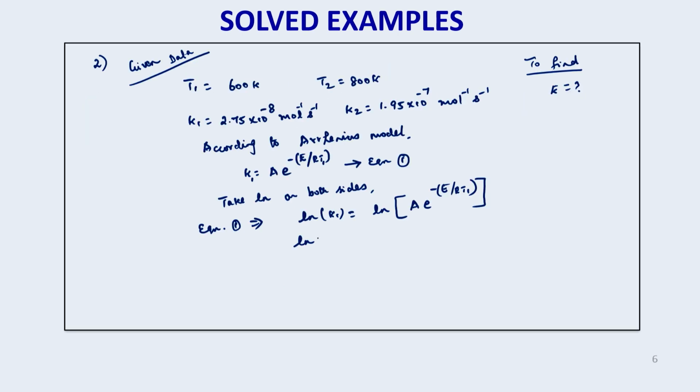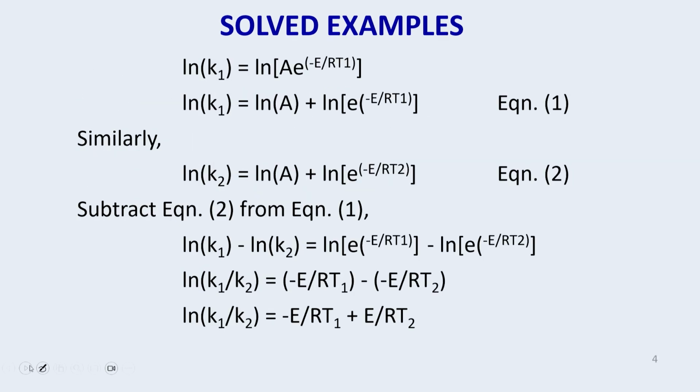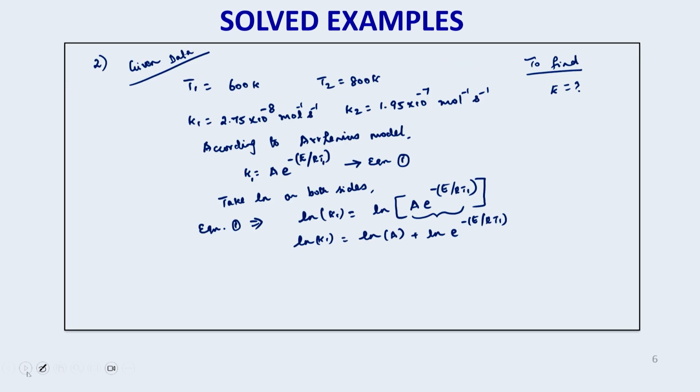So ln of K1 is equal to ln of A plus ln of e power minus capital E by RT1. This will be equation number 2. If you want, you can put a bracket here.